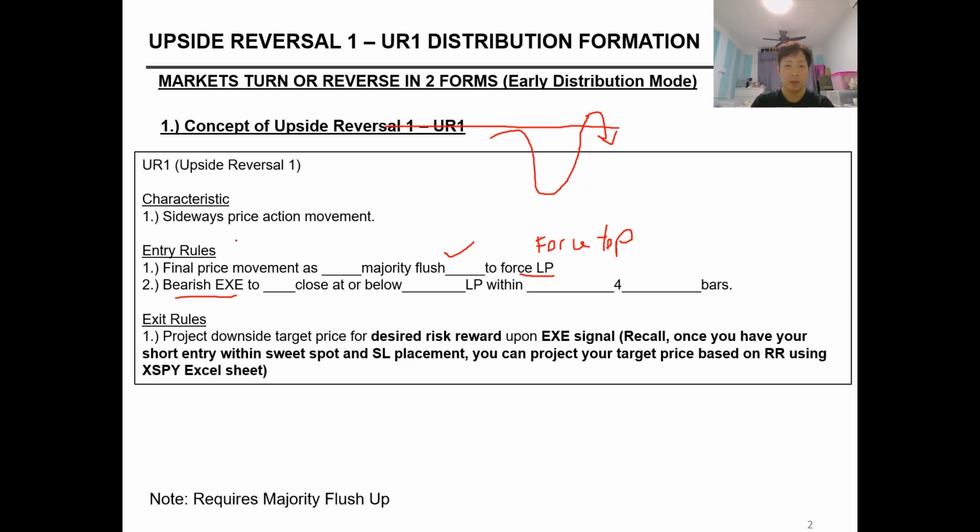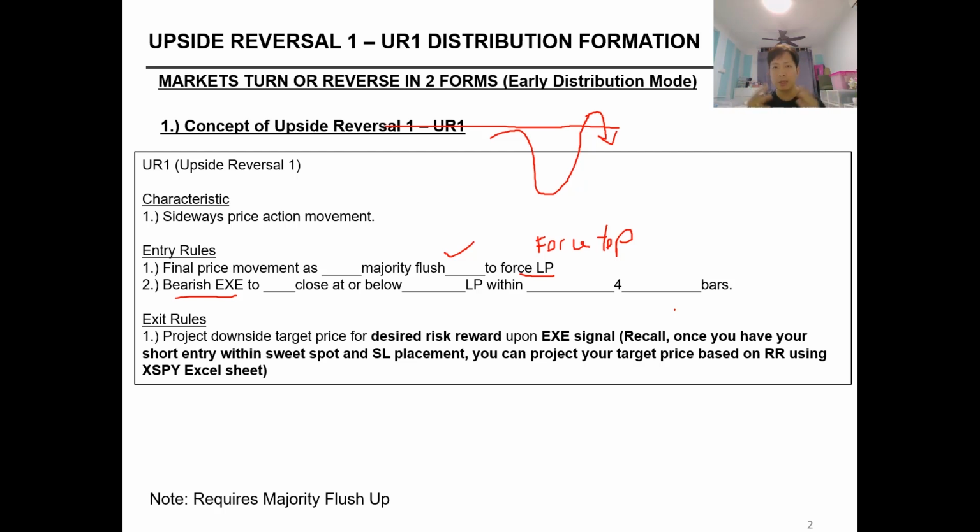After you take the short trade, you're going to project your target based on your desired risk reward. How you enter the trade is based on the sweet spot entry. Do refer to the earlier lessons on sweet spot entry, on how to place your stop loss and also the zone to take your entry.